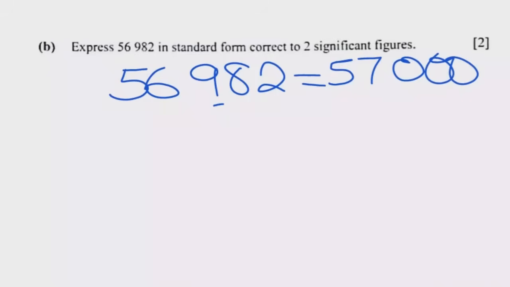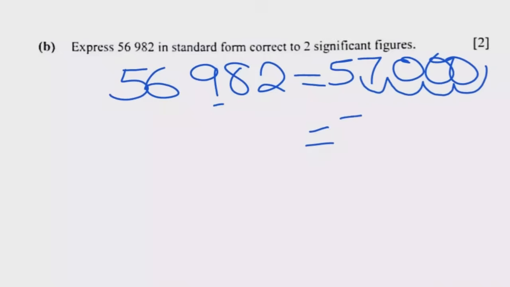Once it has become 57,000, we move the point to the left so that the decimal point comes between 5 and 7. We count the number of times the point moves: 1, 2, 3, 4.